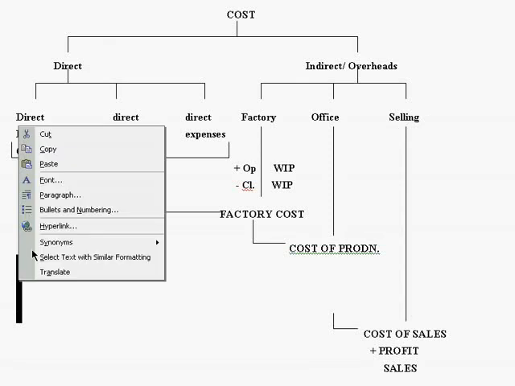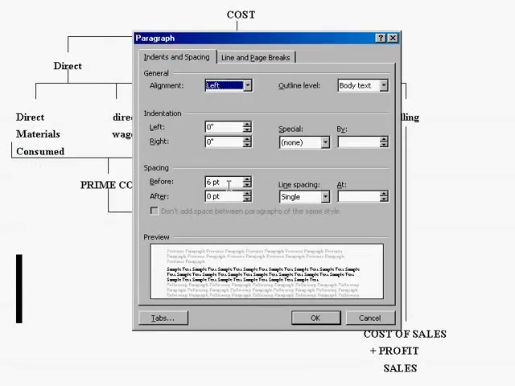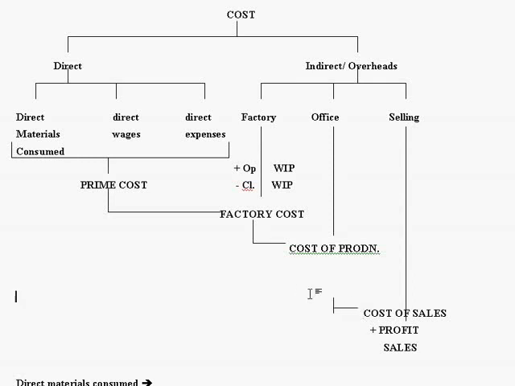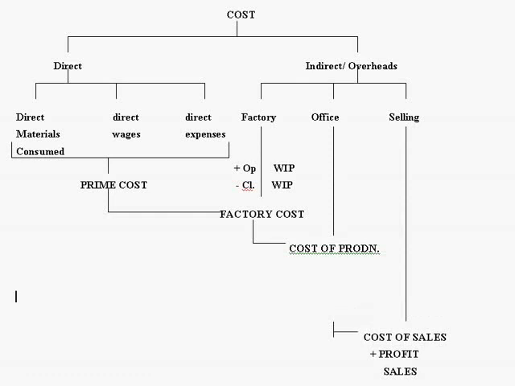So I can't add the two directly. Is that fine? So what should I do? Now listen here. From cost of production, how can I get cost of goods sold?